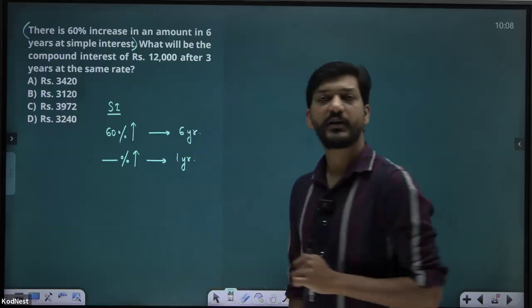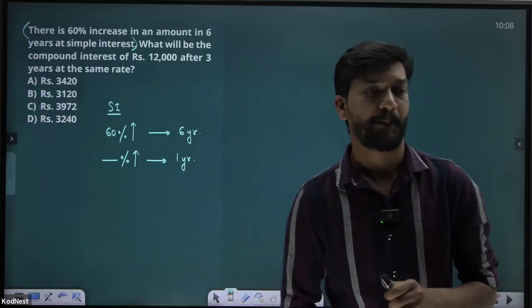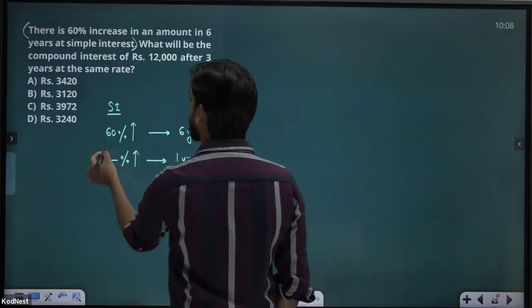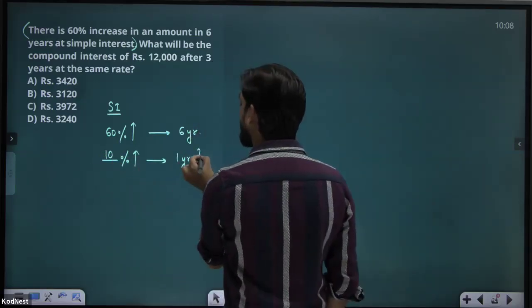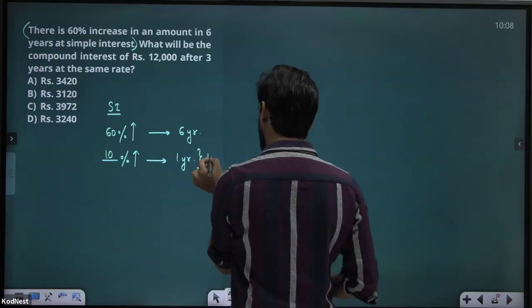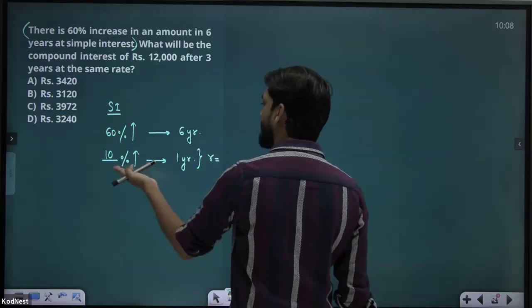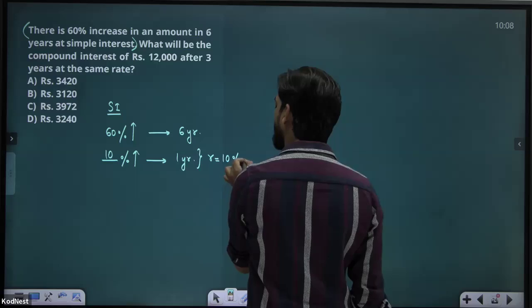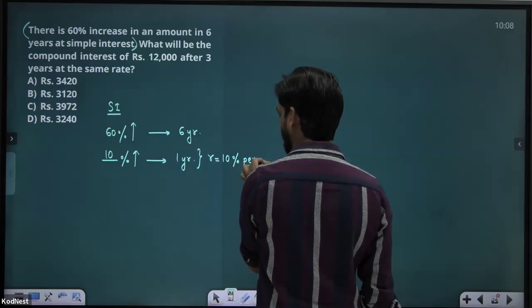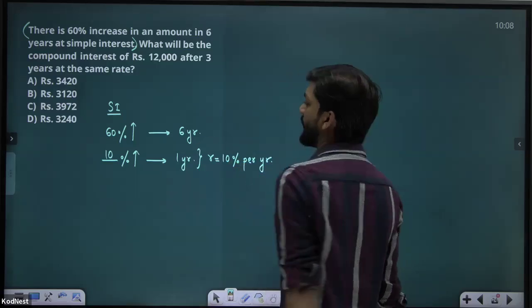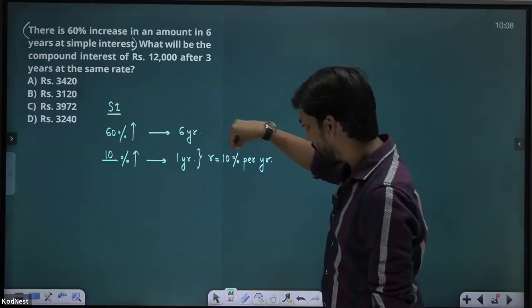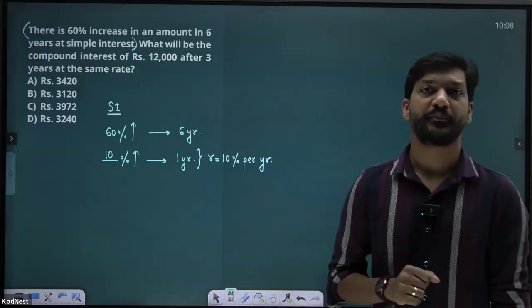How much percent per year? 10%. 60 by 6, 10%. So 10% per year, that is your rate of interest, because 10% is increasing per year. All right. So they have not directly given the rate of interest; indirectly, they have given it.